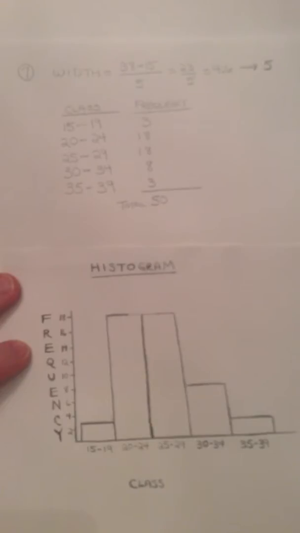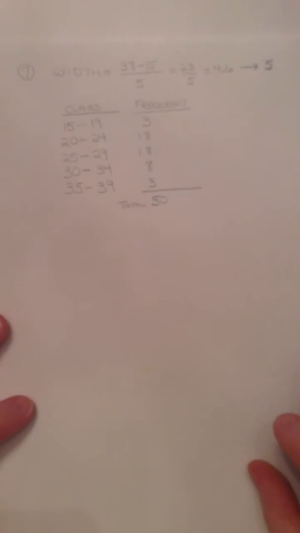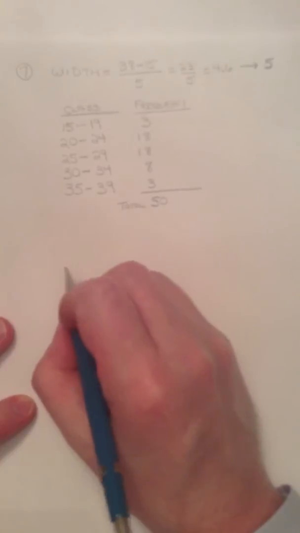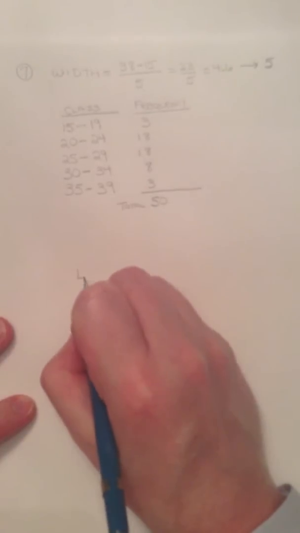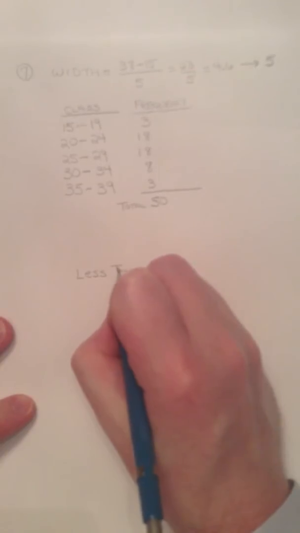Now, as for forming our ogive, utilizing the data from the group frequency distribution, we'll have what's referred to as a cumulative frequency distribution. Looking at the lower class limits, we can form two columns.